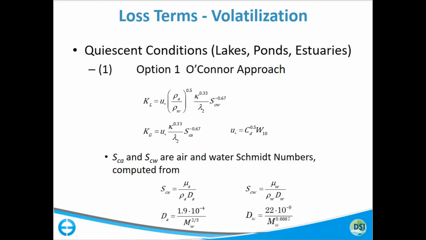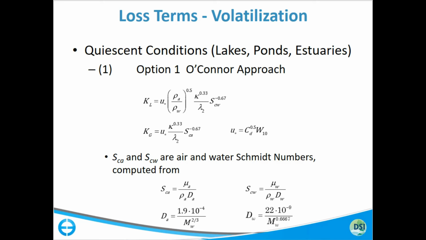These are diffusivity in air and diffusivity in water. Obviously, this is just some crude approximation of these diffusivities, but I think it's probably accurate enough, given all the other processes in the model, to be within the margin of uncertainty.